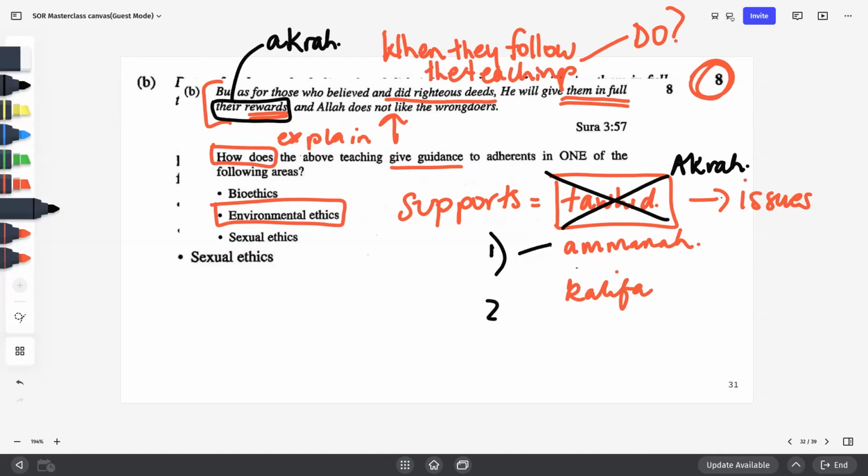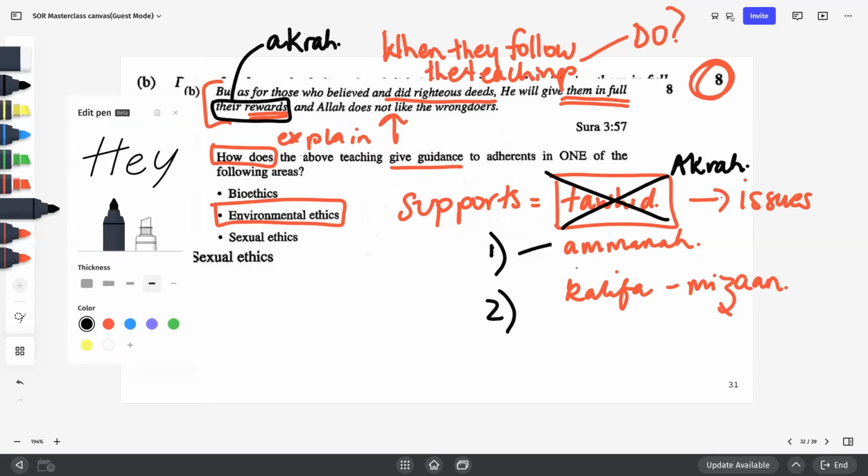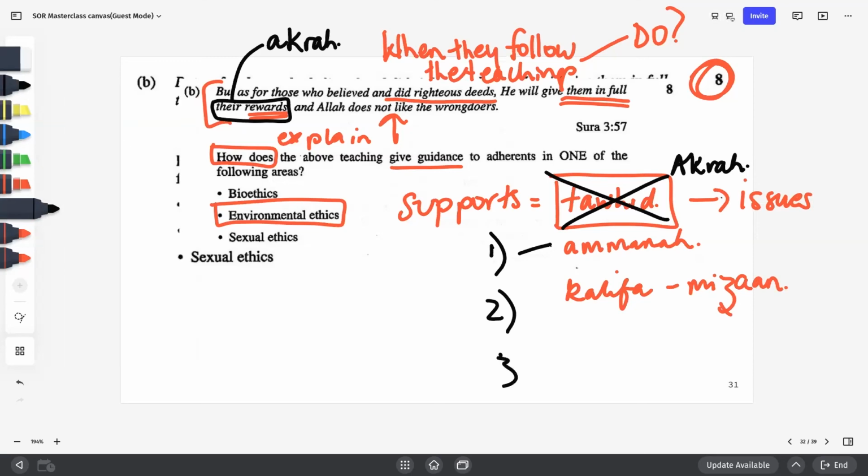That job is to guard the world and to keep it within the balance and harmony. Balance, of course, is Mizan. The balance and harmony that he has created the world. And then Akhira becomes your 3rd one.